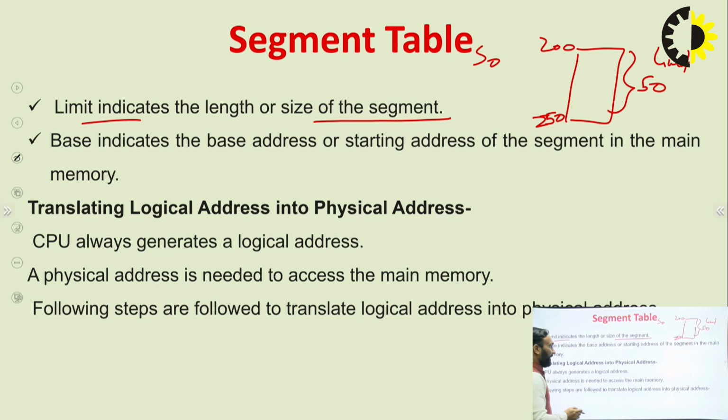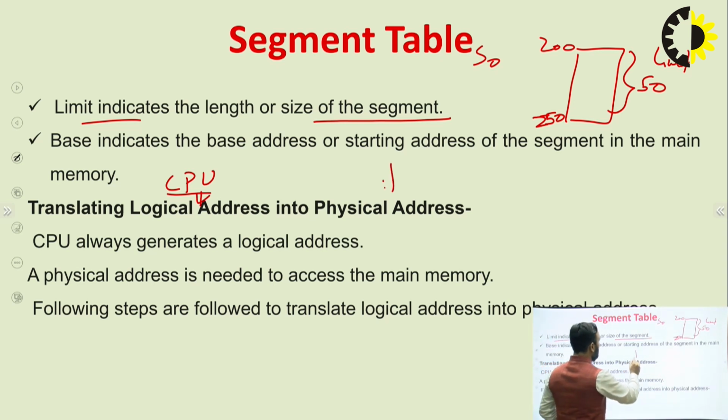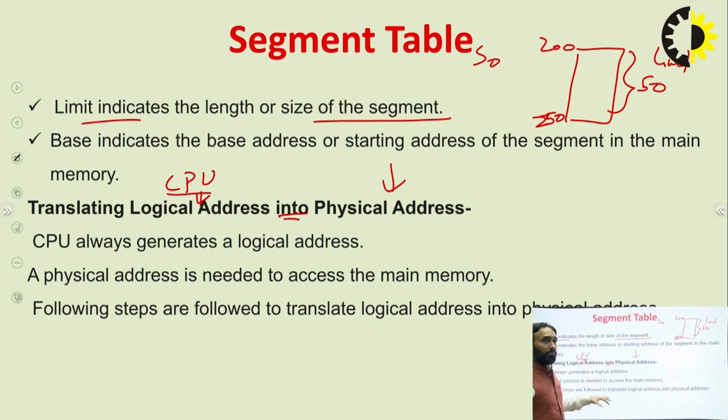The major concern is that the CPU always uses a logical address, while the content is stored in main memory according to the physical address. So the major concern is how to convert the segment table address into a physical address. As we saw in the previous PPT, the logical address consists of the segment number and the limit, or we can say the offset bit.